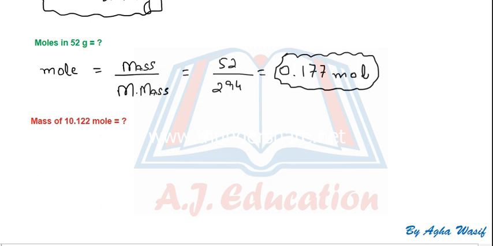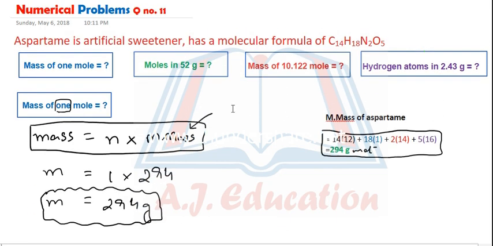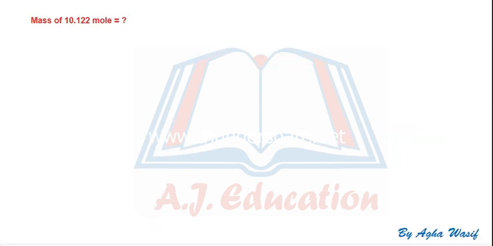Alright, let's move on to the third numerical problem, that is the mass of 10.122 moles of aspartame. Now we are going to calculate the mass of this number of moles of aspartame.